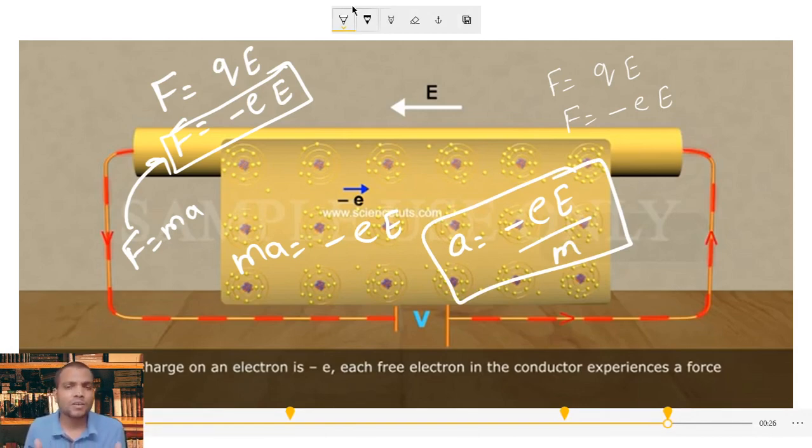That is the acceleration of the electrons within the electric field. Because of this acceleration, the electrons will drift, they will move towards the positive plate.